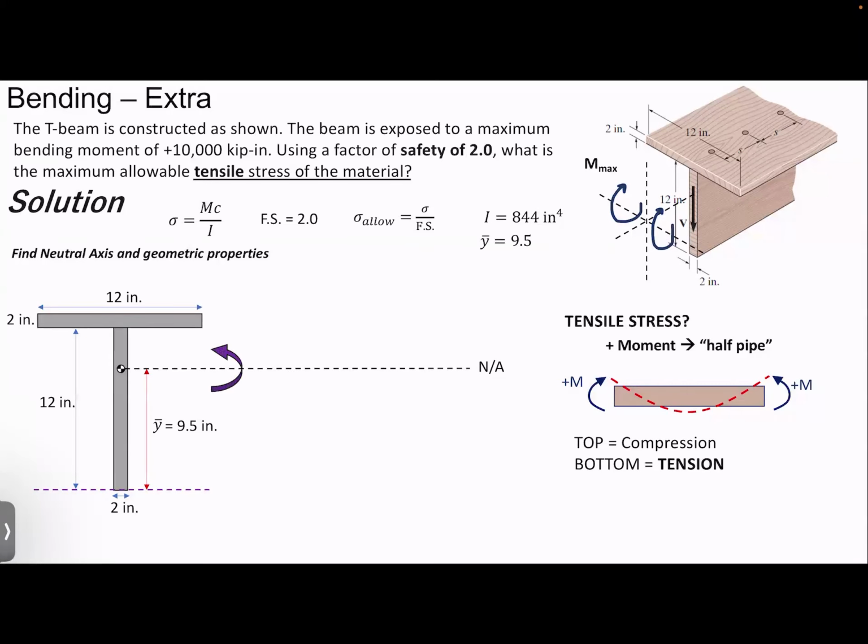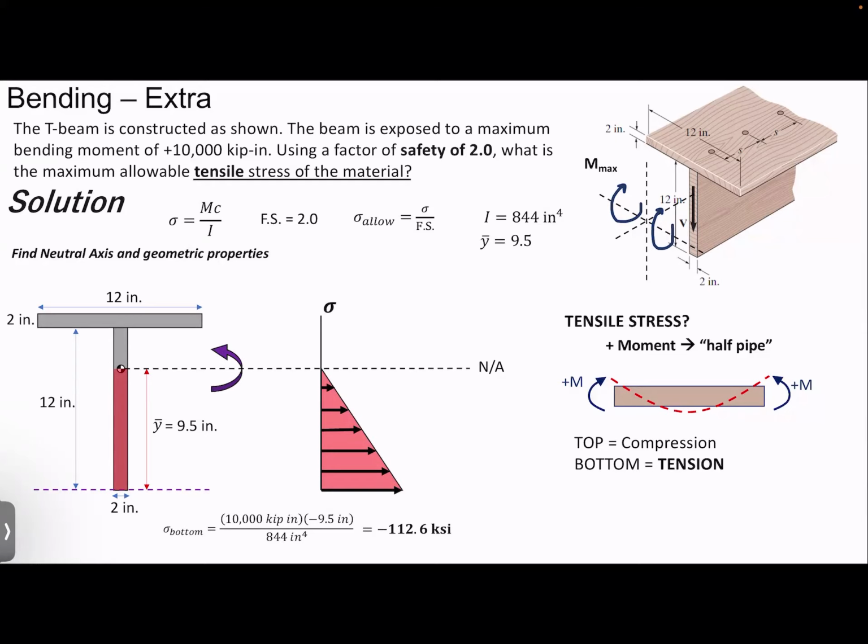The bottom, because I said so on the slide. So remember, this is the moment that's applied to it. The bottom's in tension, the top is in compression. So the way we draw our axial stress for the bottom, which is all we really care about, is this section here, which would be negative 112.6 KSI. And the only reason it's negative is just because it's in tension.